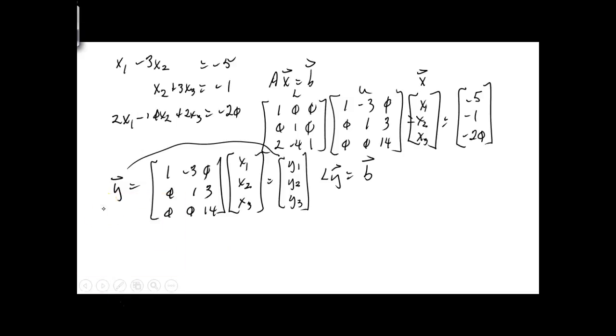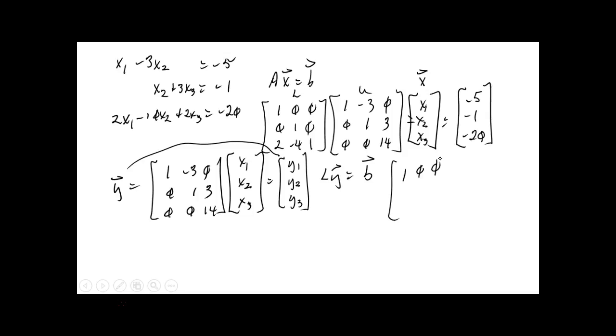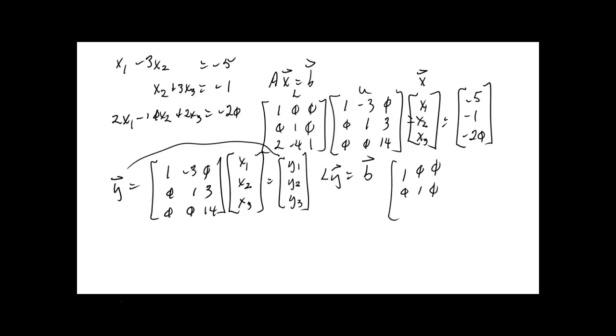Okay. Now, let's just write down this. Our lower triangular matrix is this one, which is 1, 0, 0; 0, 1, 0; 2, negative 4, 1.